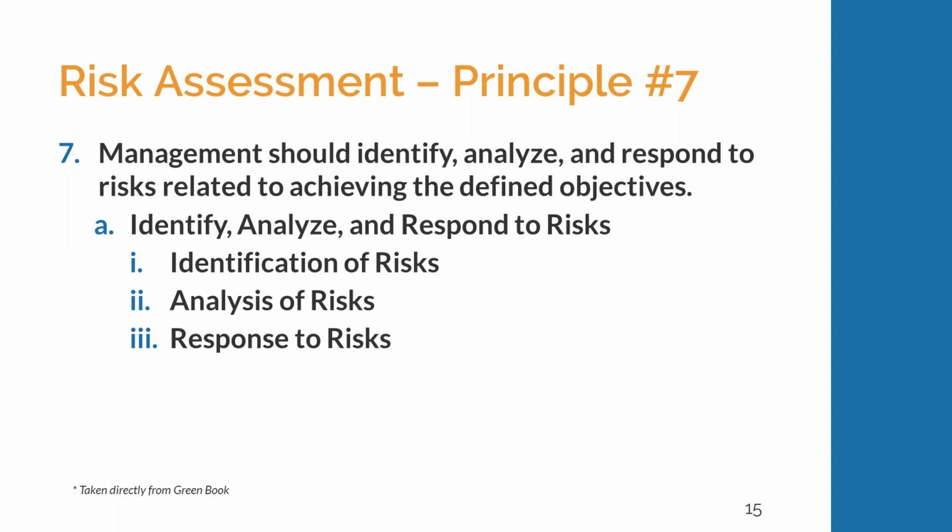If they get a request, they'll send it to the local funder, and the local funder will then go back and look at that. So that's how you respond to your risk of fraud, waste, and abuse in that situation. But there are other ways of looking at risk and trying to identify and analyze them so that you can respond.